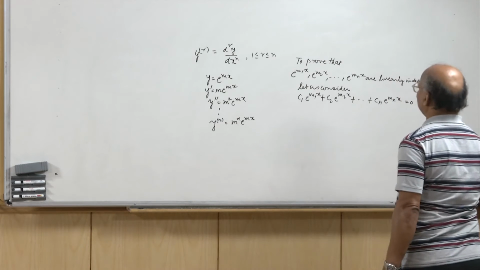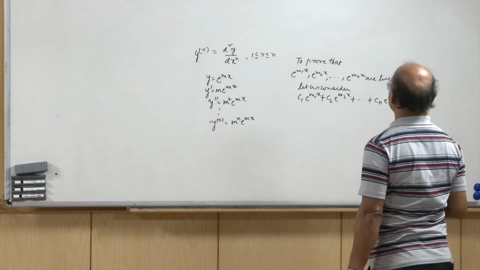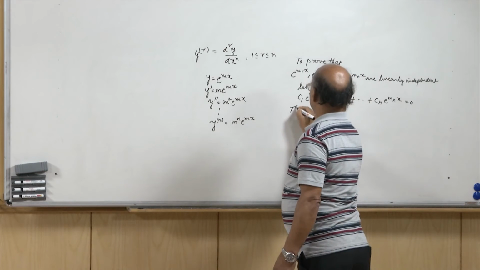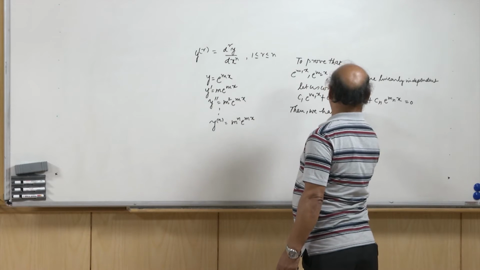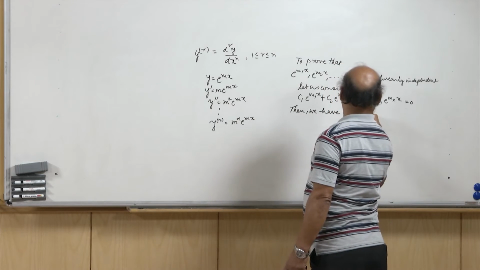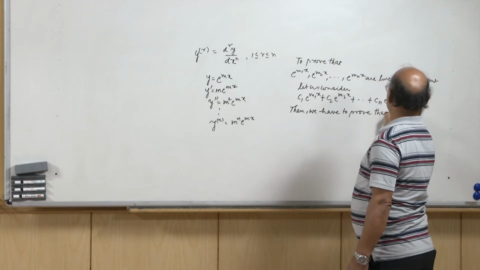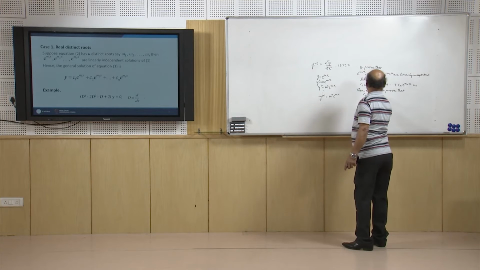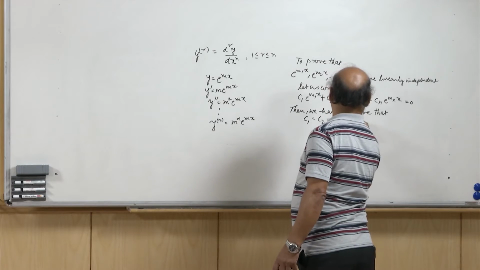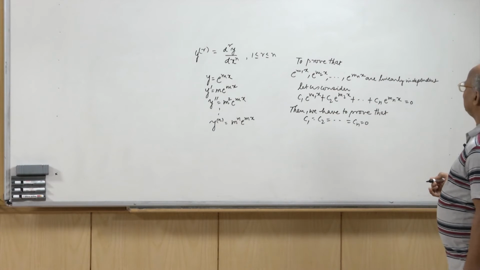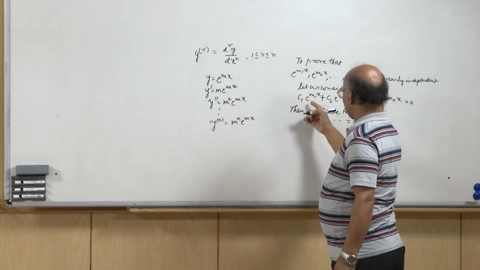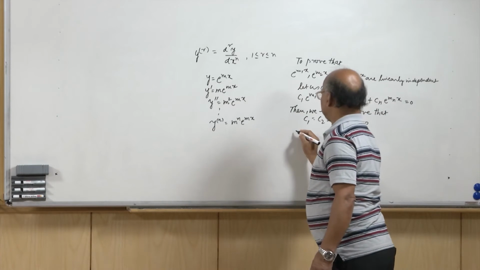Then we have to prove that C1, C2, ..., Cn are equal to 0. We can prove this by mathematical induction.